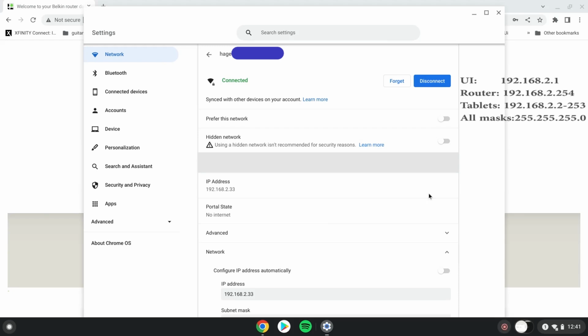And that's how I have my tablets configured. I think one of them is 192.168.2.5 and another one is 192.168.2.10. But again, anywhere from 2 to 253 would work with my network if you want to use all static IPs.